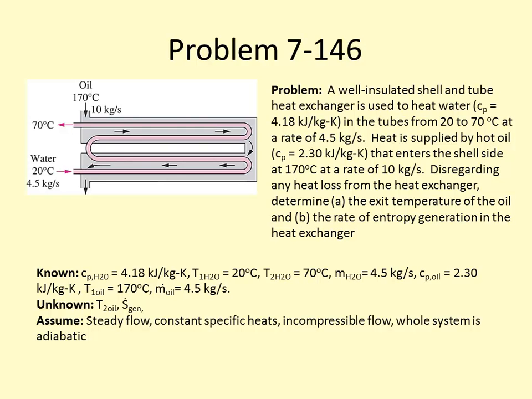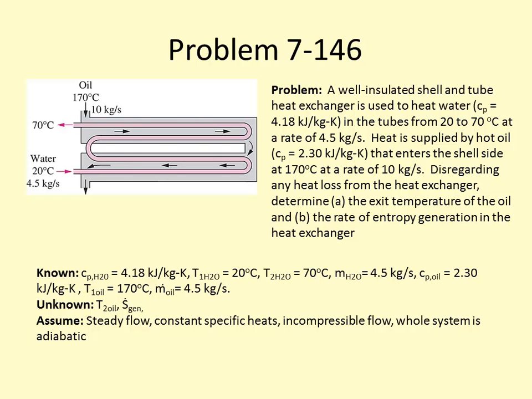And again, when we have a temperature difference, we don't have to convert to Kelvin first. We can just find the difference in the Celsius, so 70 minus 20 Celsius, so 50 Celsius total. So that equals 940.5 kilojoules per second for Q dot.